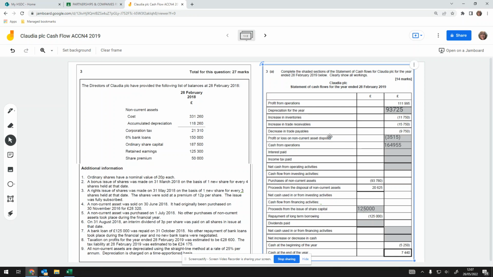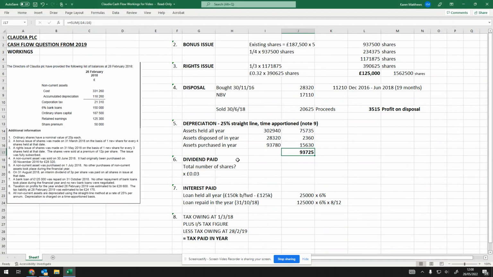And then the decrease in trade payables, that means that we've paid some of them off. So we've actually used our cash there, 9,750. So that's why we need to add that back on.